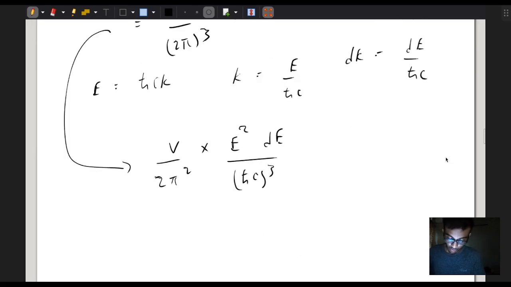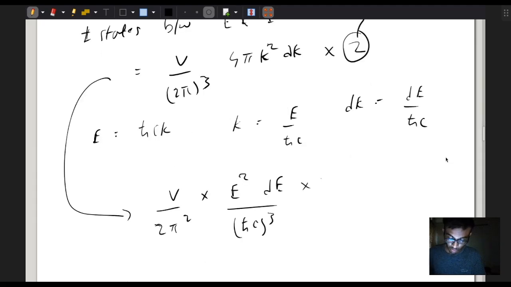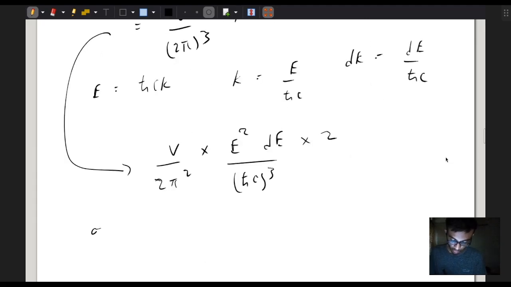Finally, the density of states is V by pi squared, h bar c whole cube, times E squared dE.